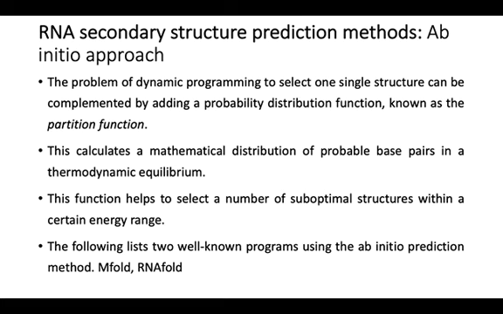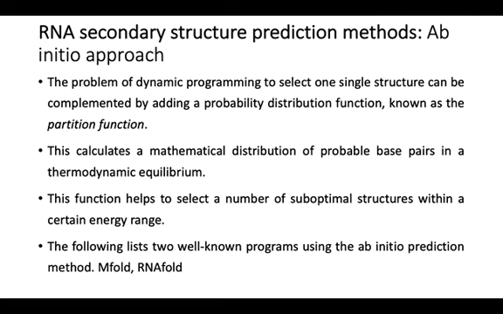Probable here means the base pairs which are likely to be present in a thermodynamic equilibrium. This function helps to select a number of suboptimal structures within a certain energy range.